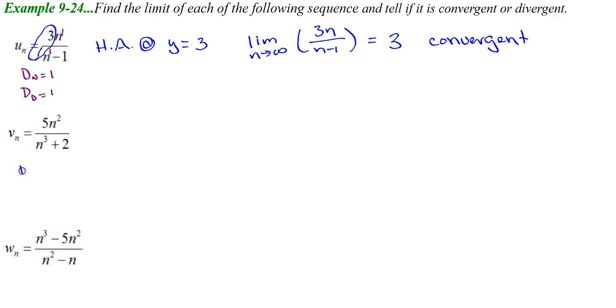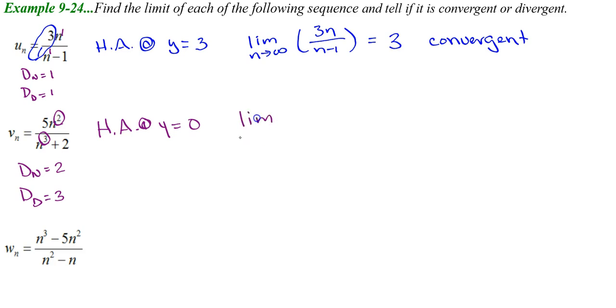So on the second one, the degree of my numerator is 2. The degree of my denominator is 3. If the degree of my numerator was smaller, then that told me that I had a horizontal asymptote at y equals 0. So whenever the numerator degree is smaller, we know it's always y equals 0.